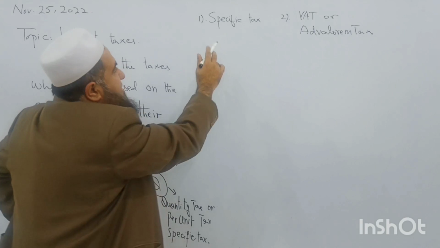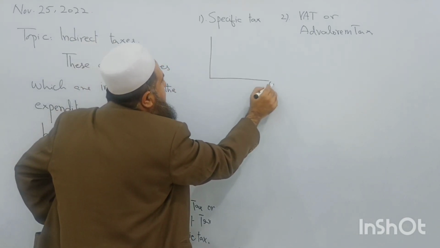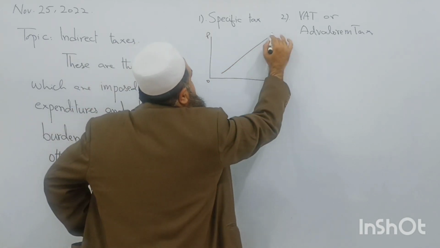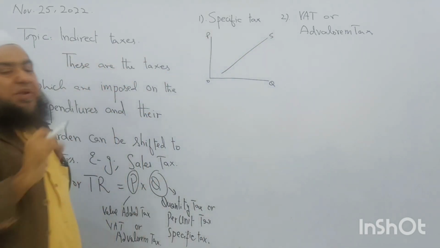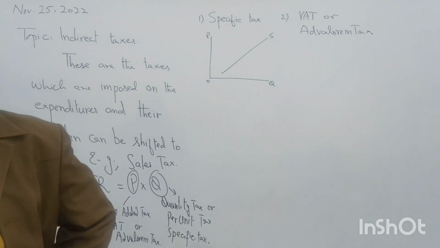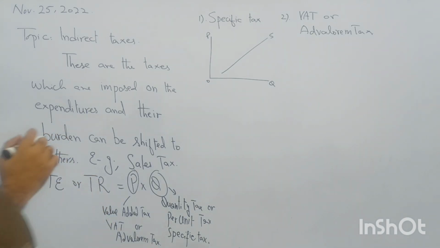So when this tax is imposed, what happens? It is imposed on each unit produced. This is the supply curve before the tax. When tax is imposed, what happens to the supply curve? It will shift leftward by the amount of tax.